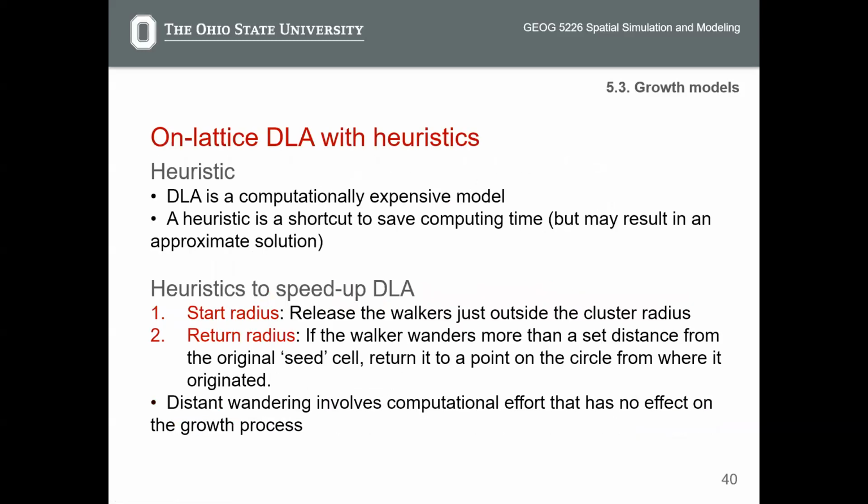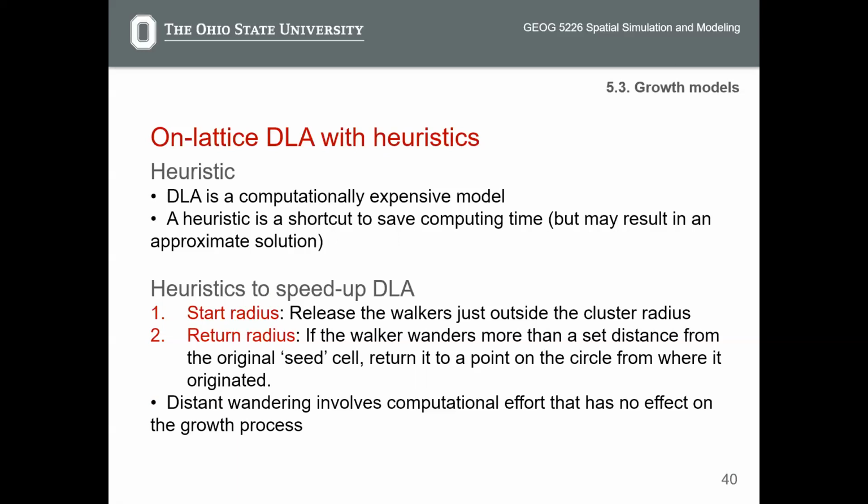The DLA itself is simple. The algorithm is simple, but it's computationally expensive. Why? Because you have to release this random walker every time and let it wander. And since it is very far away, of course, we can define how far is far away, that's another story.